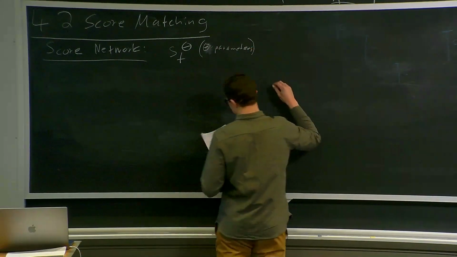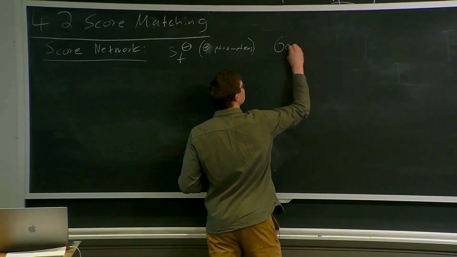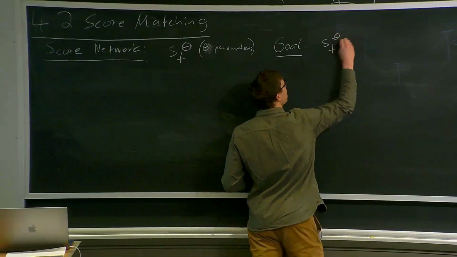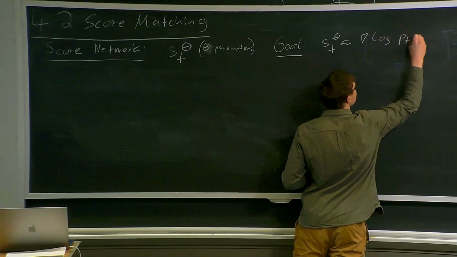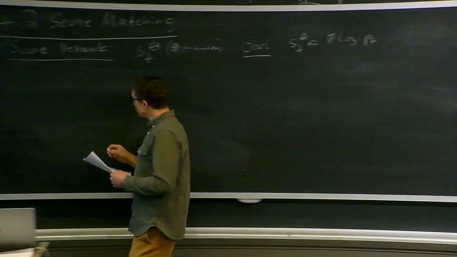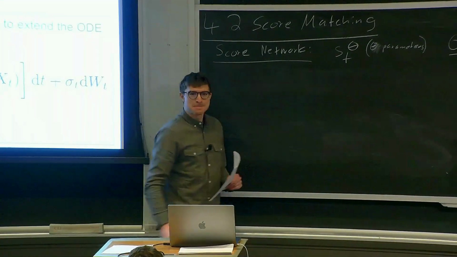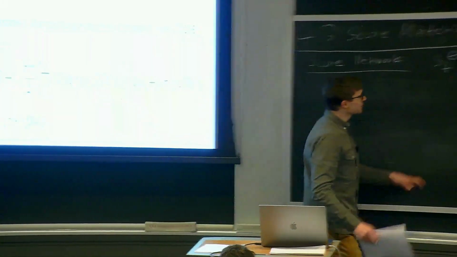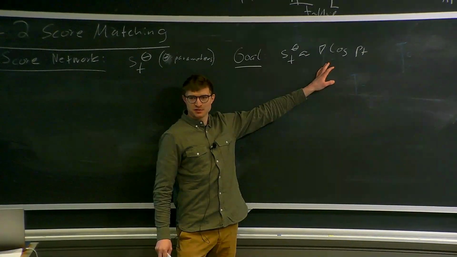And as before, our goal is that s_t^theta approximates the marginal score. And how would you do this now? Given what you just saw, let's think for a second. The marginal score has the exact same formula as the marginal vector field.